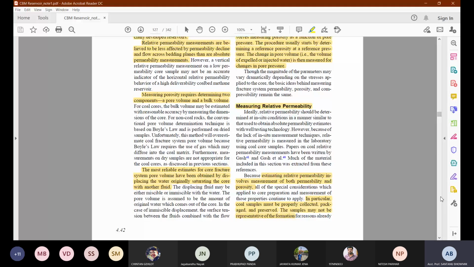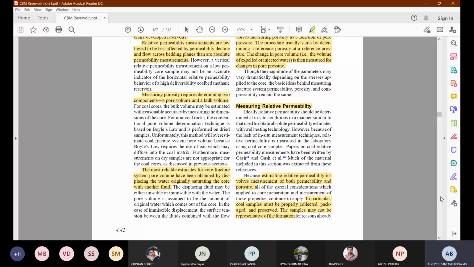If you do this with total water saturation, it is the standard process. Standard process means you saturate the coal sample totally with water, and this is the standard basis. After preparation, the coal sample is not refrigerated, but it is immersed and stored in water, so that all the coal samples will be saturated.